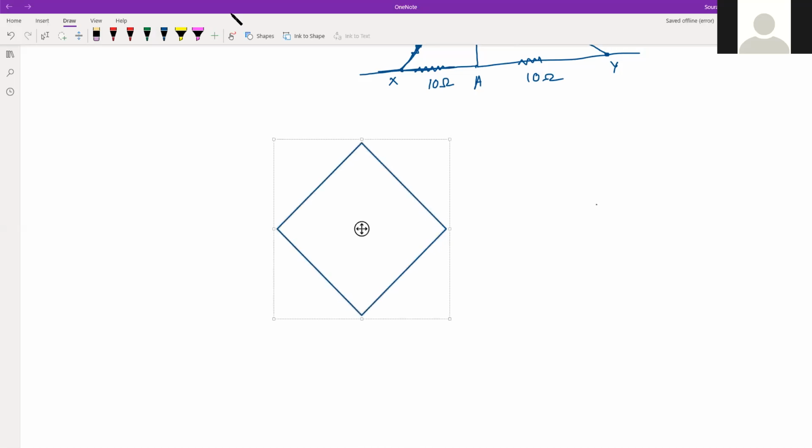It is a network like this, where you have 4 arms and there are resistors in these 4 arms. It is actually in a kite shape, and this will be connected to a supply of EMF.